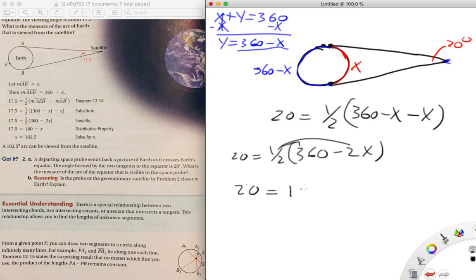Half of 360 is 180. And then half of 2x is x. Subtract 180 from both sides, and I get negative 160 equals negative x. Multiply both sides by negative 1, and I get that x equals 160. So this guy, x, is 160.